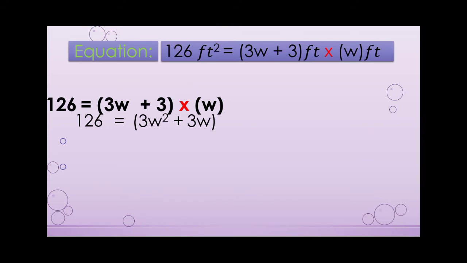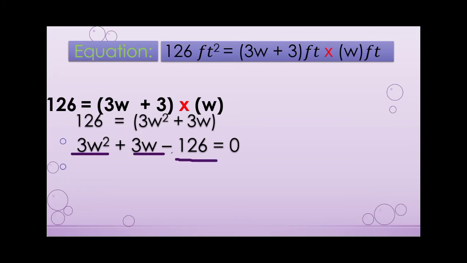Then ngayon, ilagay natin lahat ng terms sa isang side ng equation. So we have 3W squared plus 3W minus 126 equal to 0. Ngayon, tignan nyo yung mga terms ng ating equation.